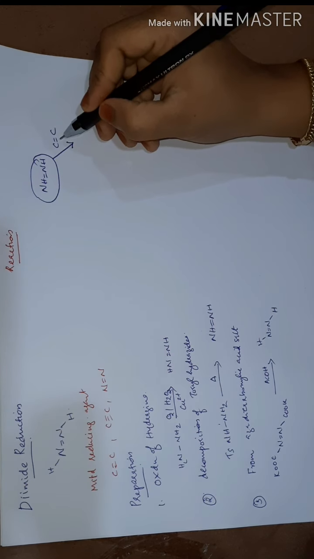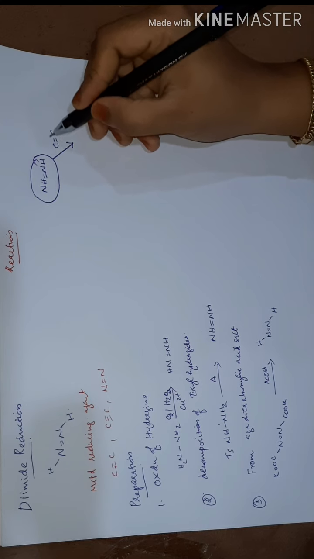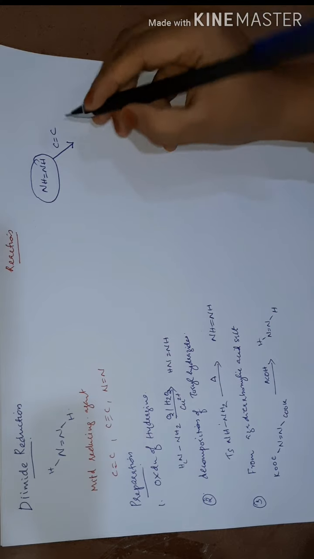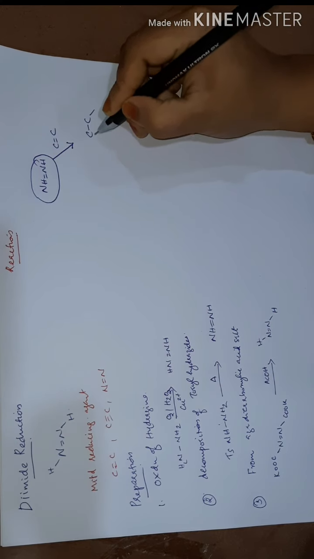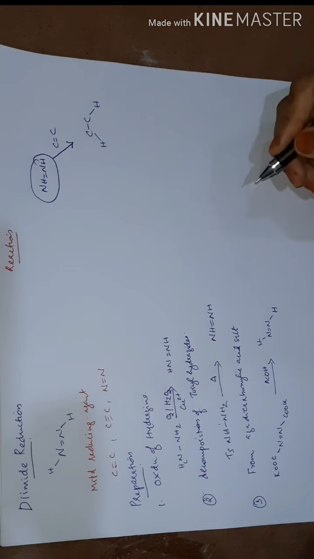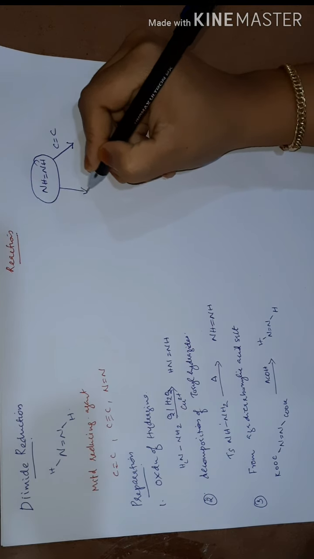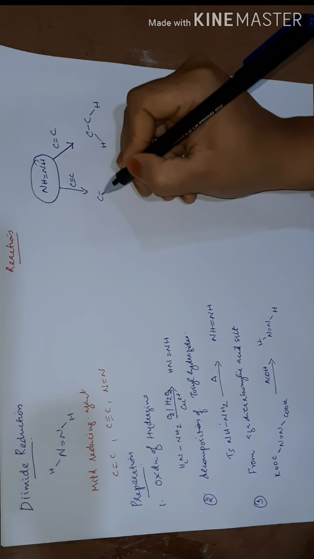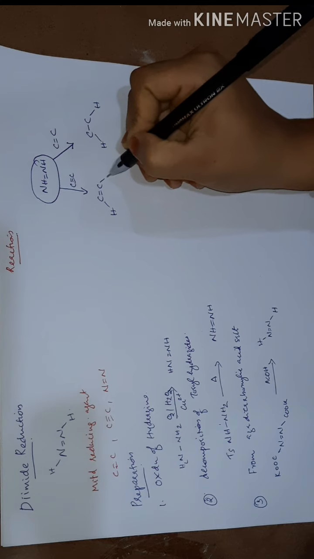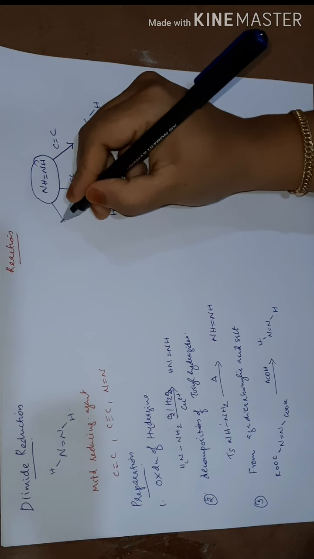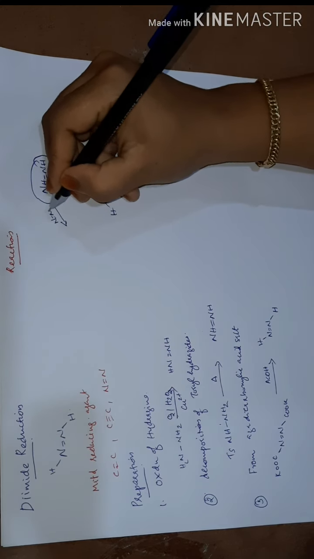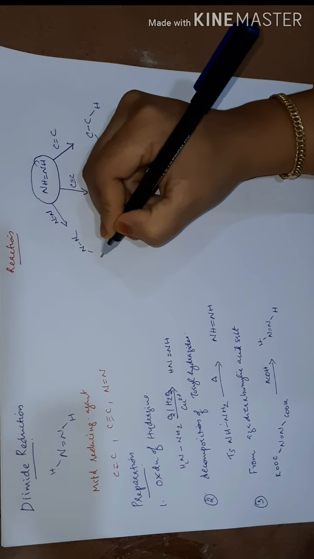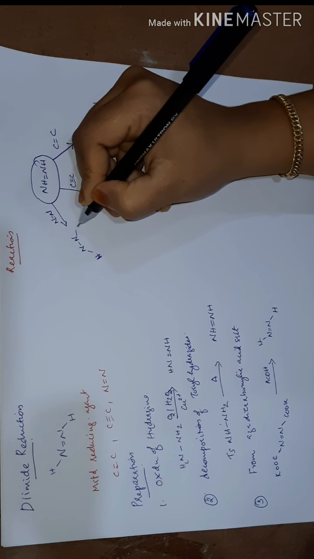Suppose we are using this C double bond C, that is, normal alkenes are considered as symmetrical double bonds. They get reduced to the corresponding alkanes, C single bond C. Then if we are using a symmetrical triple bond, it gets reduced to the corresponding symmetrical alkene. And suppose if we are taking an N double bond N group, it gets reduced to the corresponding hydrazine type molecule.